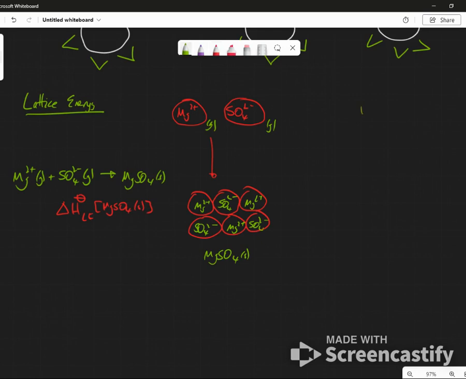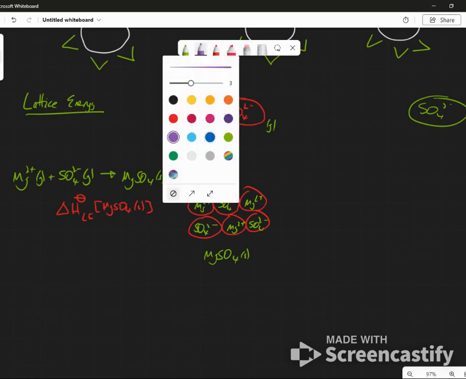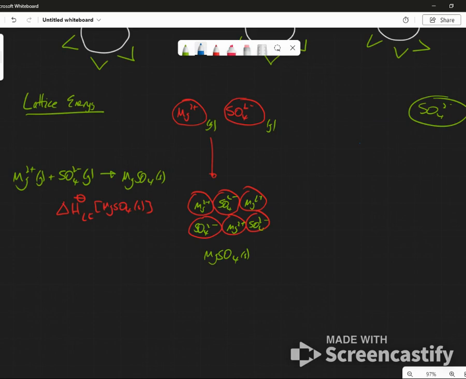Now, exactly the same thing happens for barium sulfate. Well, a small difference. The barium ions are bigger, so I should have drawn that bigger, shouldn't I? Let me use a different color, this blue. Barium ions are bigger. So let me draw barium ions and small sulfate ions.